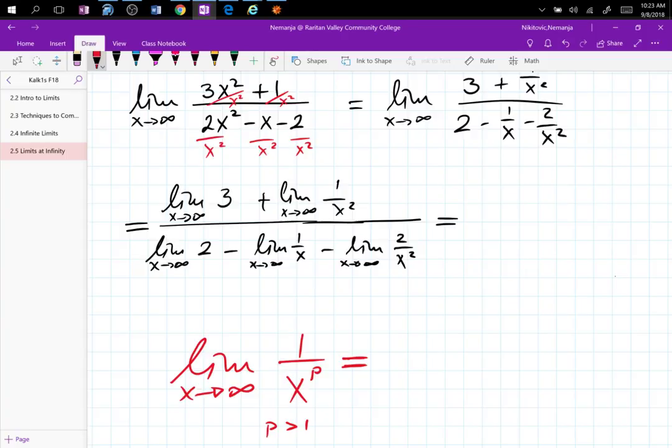Divide by 8, divide by 16, divide by 32, divide by 64, 128. What is happening? What is happening as the denominator went from 2 to 4 to 8 to 16 to 32?